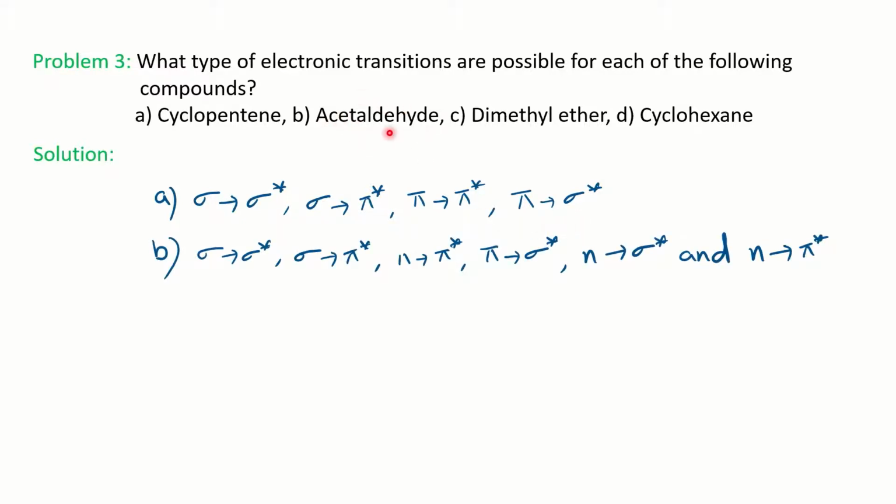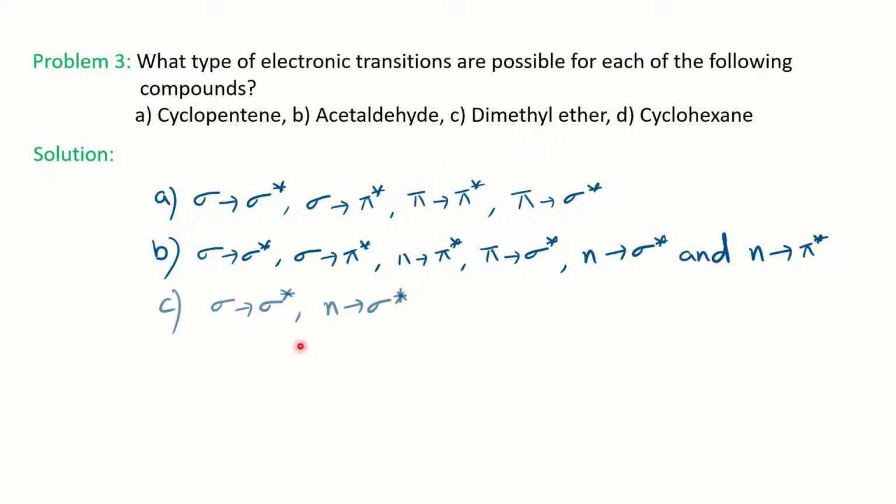Acetaldehyde has a heteroatom as well, along with sigma and pi, so we write all possible combinations. There are a total of 6 possible combinations. Dimethyl ether has only n and sigma electrons. There is no pi electron. So we write the combinations of sigma and n.